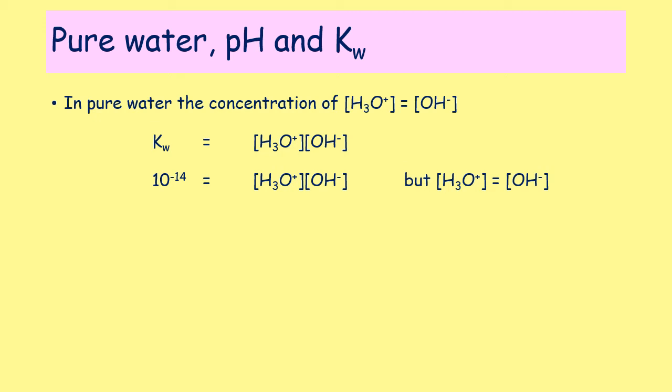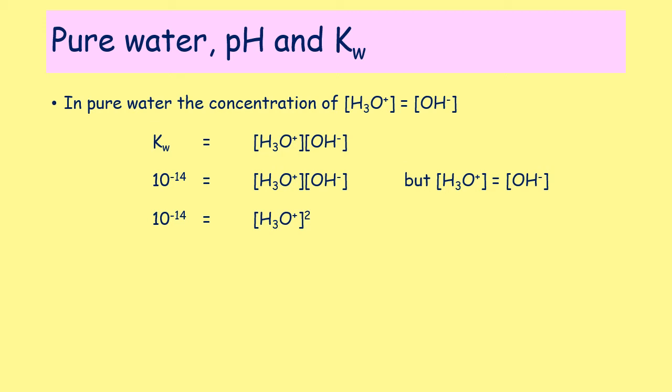But again, remember, the concentration of H3O plus and the concentration of OH minus are the same as one another. So in the equation, we're going to replace OH minus with another H3O plus. We're going to substitute. And that means that 10 to the minus 14 is now equal to the concentration of hydronium squared.